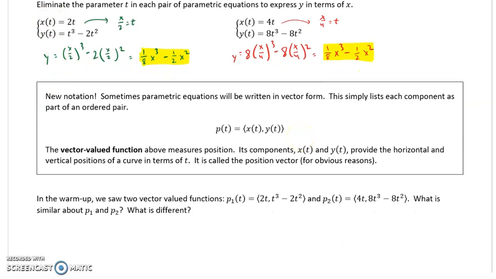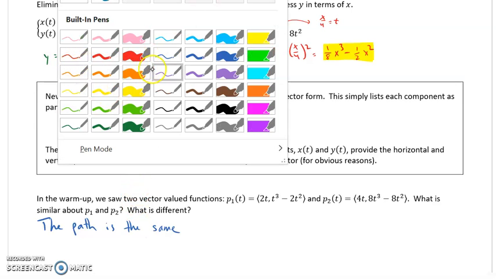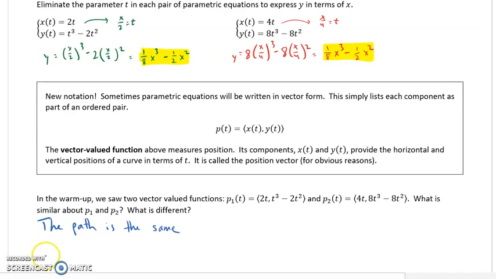The path that these two particles are traveling is the same. So what is different? Well, as we've talked about before on other examples, the time is different.